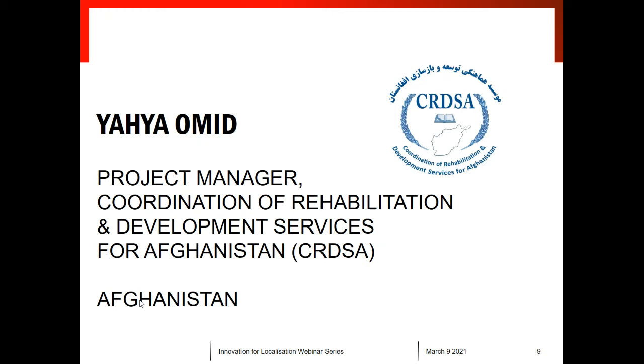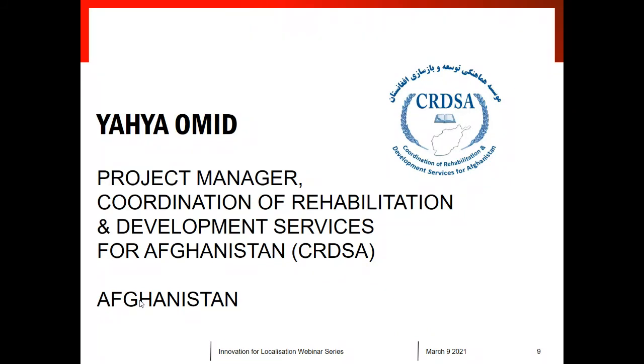But overall, my colleague from CRDSA, Yahya Omid, mentioned some key points such as coordination, engagement with the community, and needs analysis. In the context of Afghanistan, this is very well done by local partners, who have access to very hard to reach areas, and this gives us the ground to reach and engage with the NSAGs as well through our local partners.